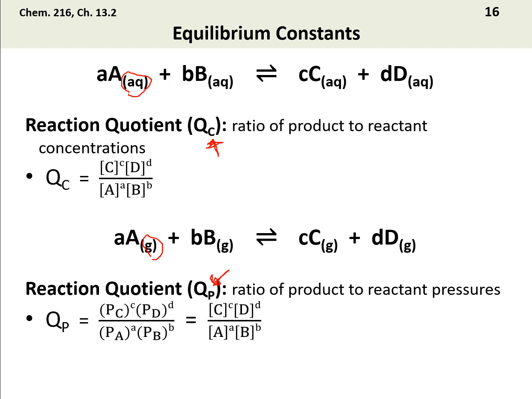Now it's the ratio of products to reactants, and the key is, if I have a reaction like this, aA plus bB goes to cC plus dD, I put the products on the top, so their concentrations, and I raise each to its coefficient in front.